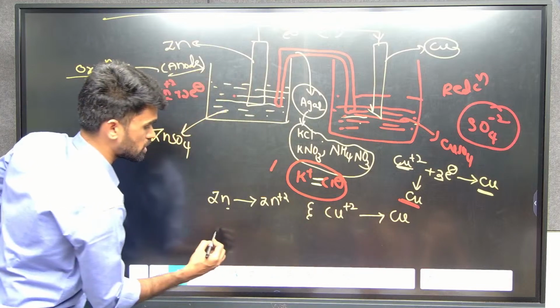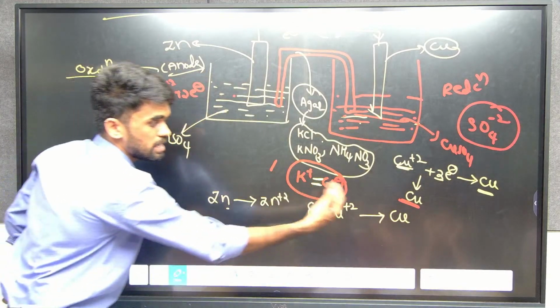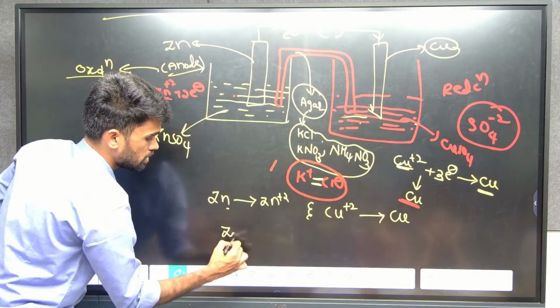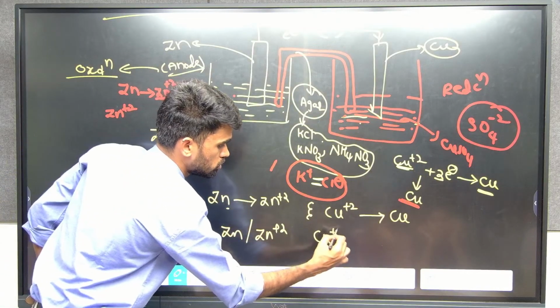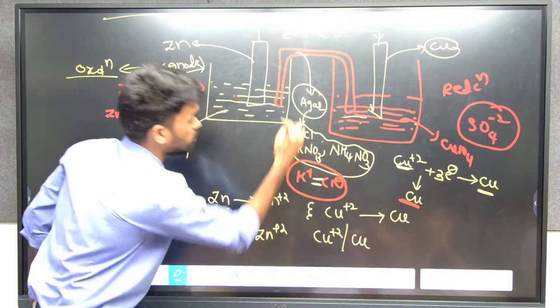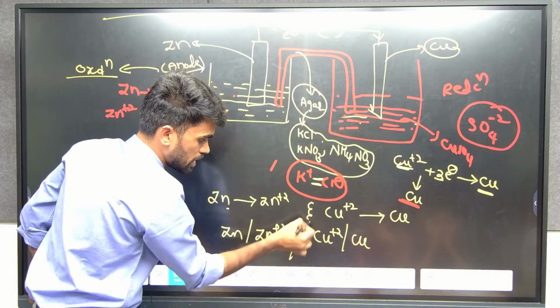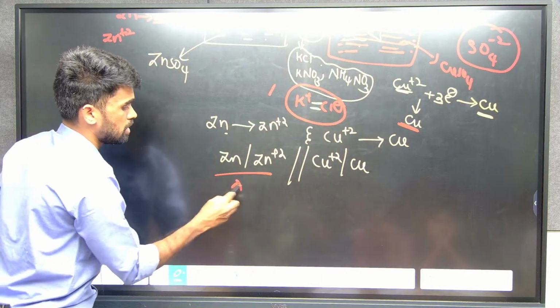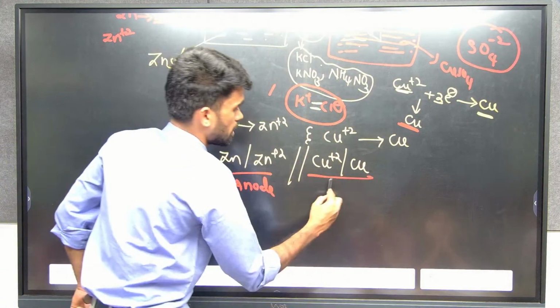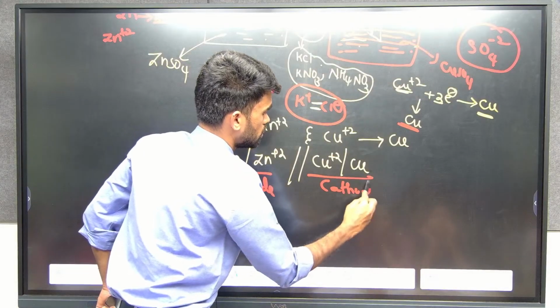Now the cell reaction should be written with the anode first, then the cathode. So Zn, Zn2+, next Cu2+, Cu. Between them we use the salt bridge, indicated with a double slash. First the anode half cell, then the cathode half cell, with the salt bridge in between.